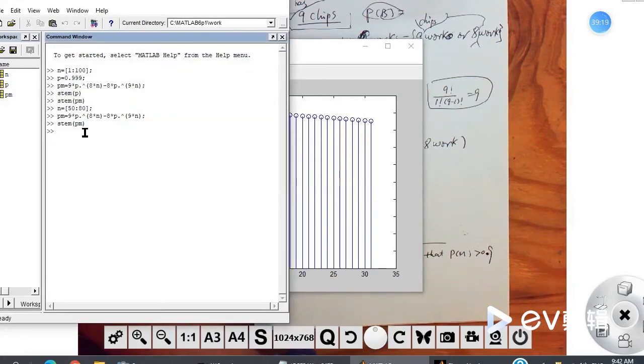I mean, reduce the range from 50 to 70, 60 to 70, and the Pm and stem.